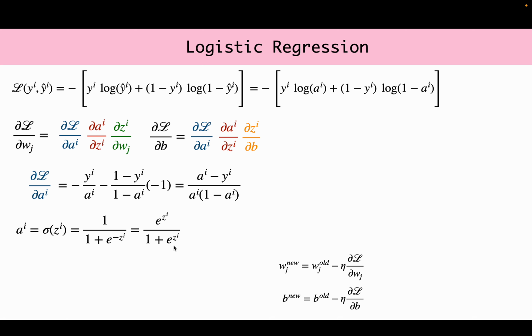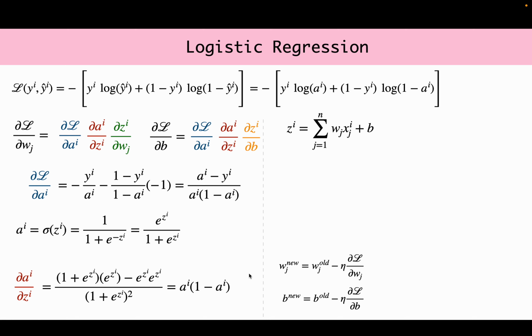When you differentiate dou ai by dou zi, we get ai into 1 minus ai. In the same way, we know zi is the dot product between weights and inputs plus bias. When you compute dou z by dou wj, we get xij. The same way, dou zi by dou b is 1.